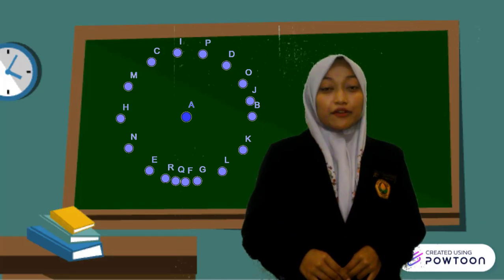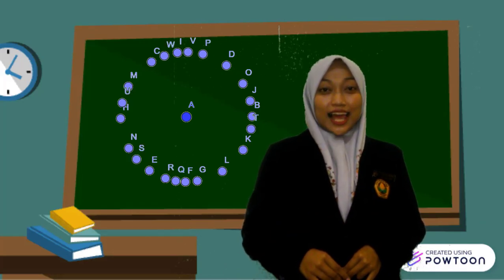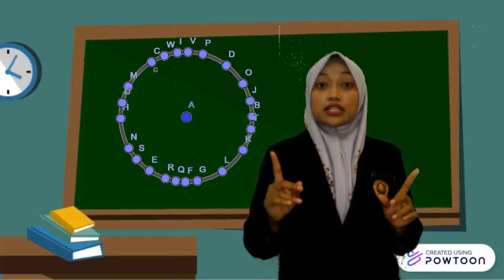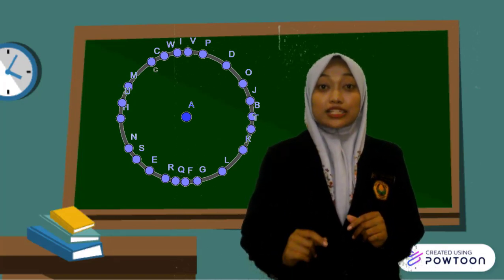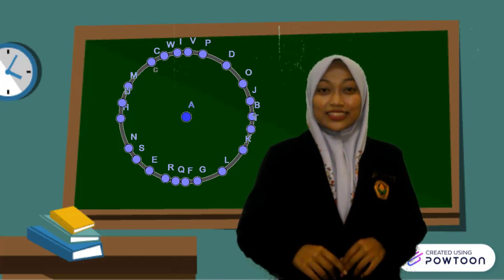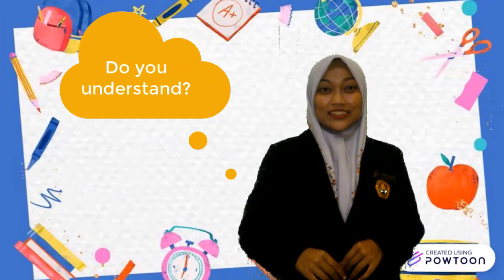The more points we add, the more the pattern looks like a circle. We cannot see how many points there are because there are infinitely many points to draw the circle. Do you understand? Okay, good job.